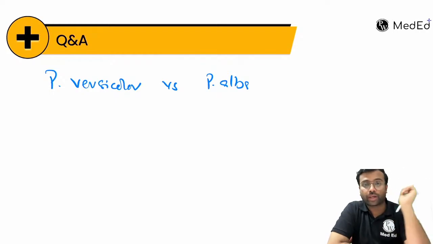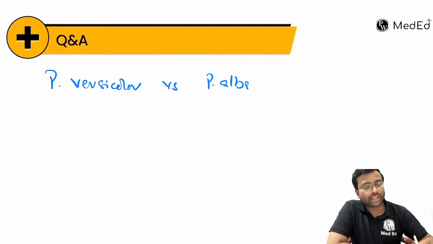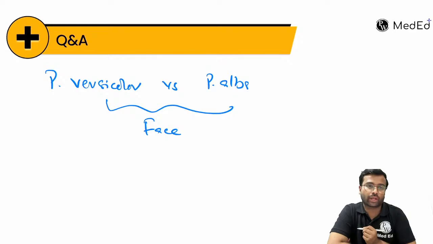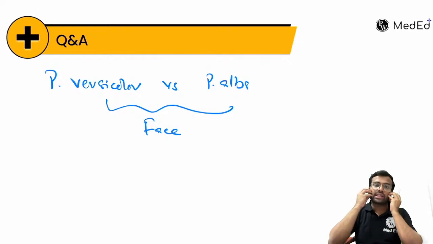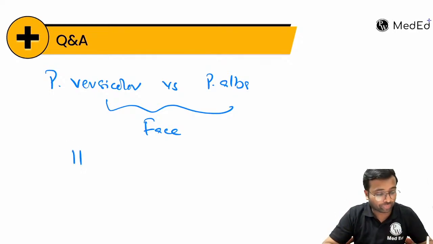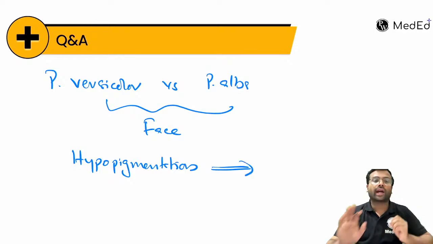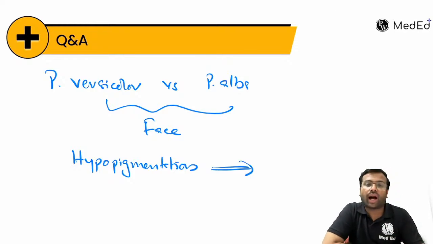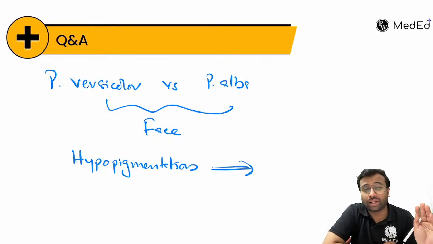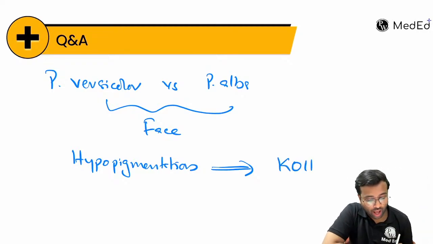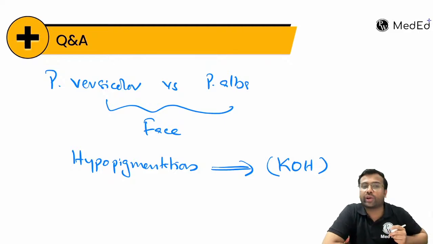If it is happening over the face of the child, both these conditions can present with hypopigmentation. So what I can easily do is ask the patient to get a simple test done. I will ask the patient to do a KOH test.